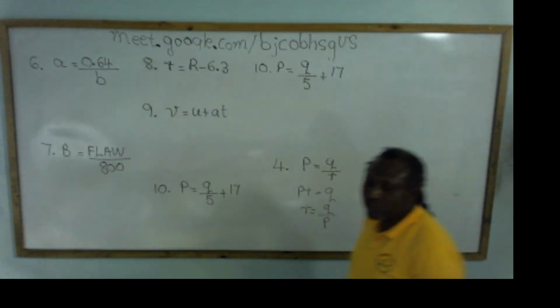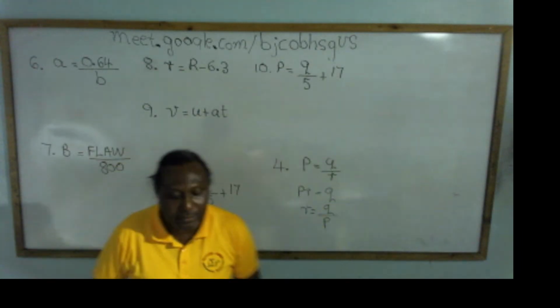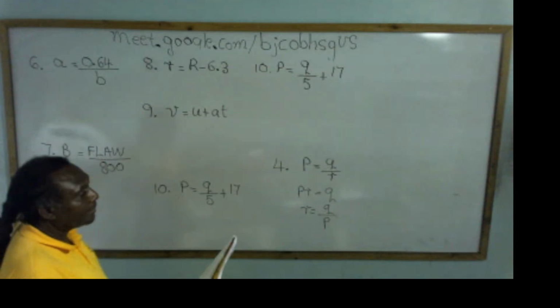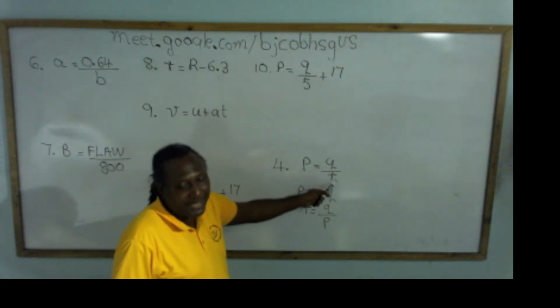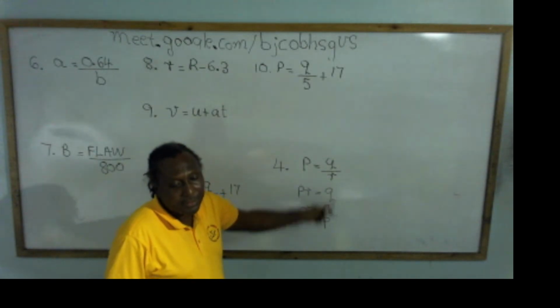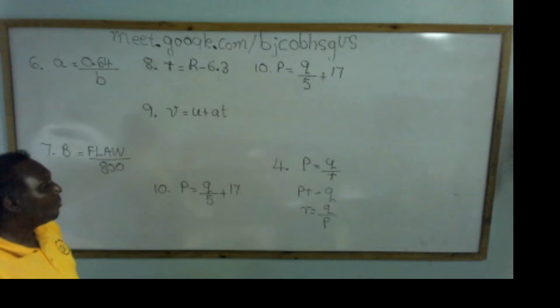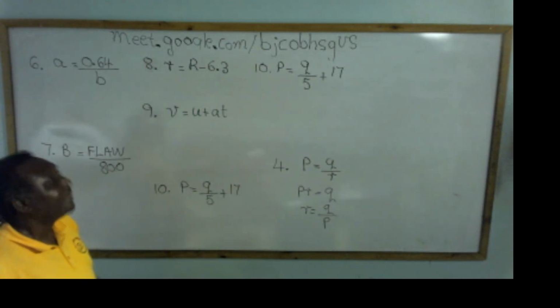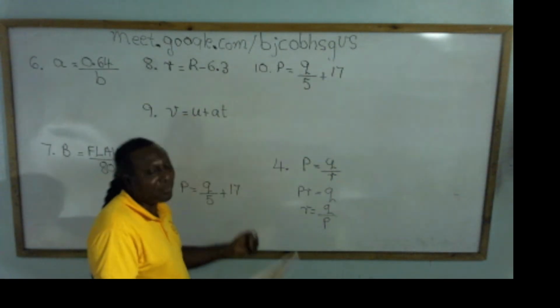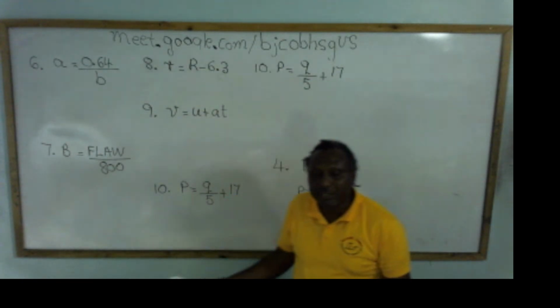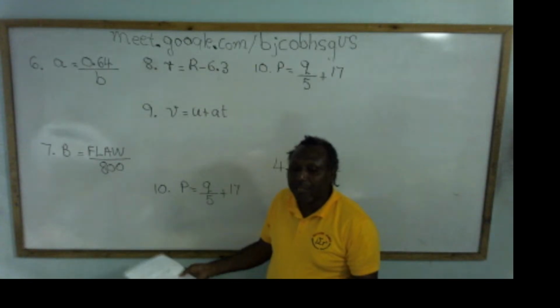Now let us go back to number 4. Let us revisit number 4. What do we know about number 4? The proposed subject is in the denominator right here. What did we do? We eliminated the proposed subject from the right-hand side because there's no law in mathematics that says that we cannot eliminate the proposed subject.